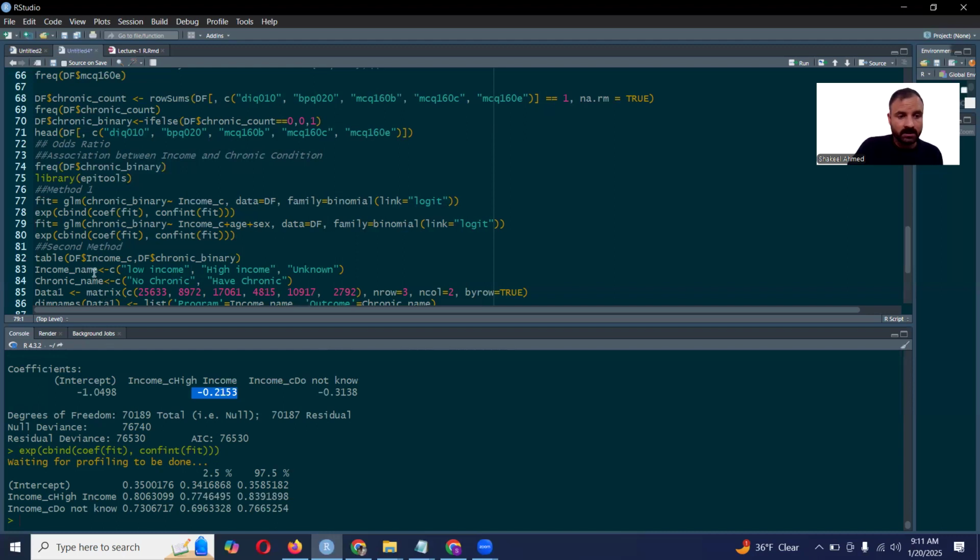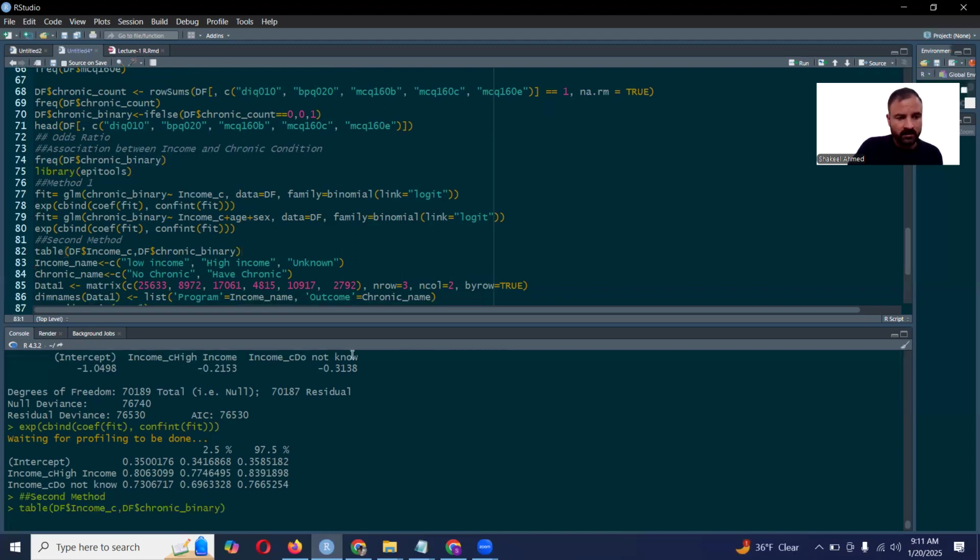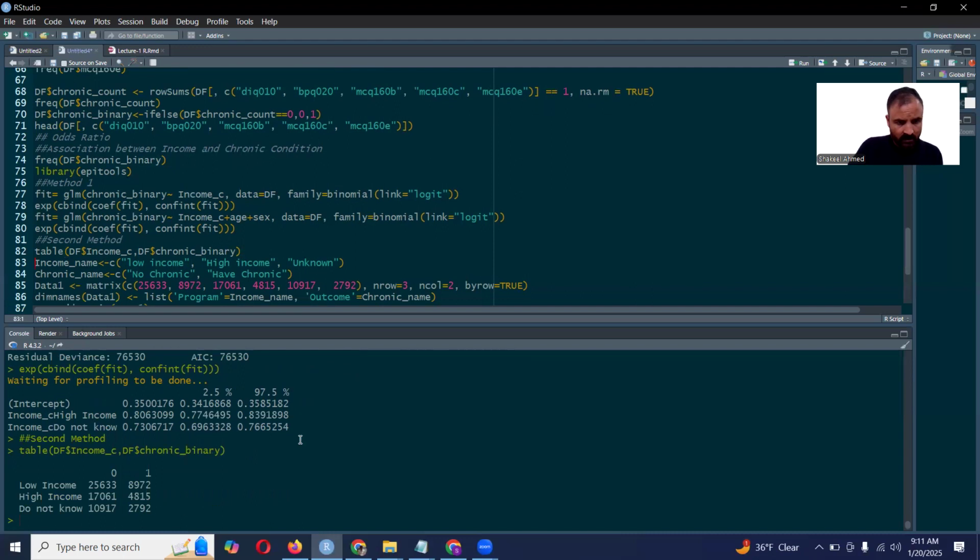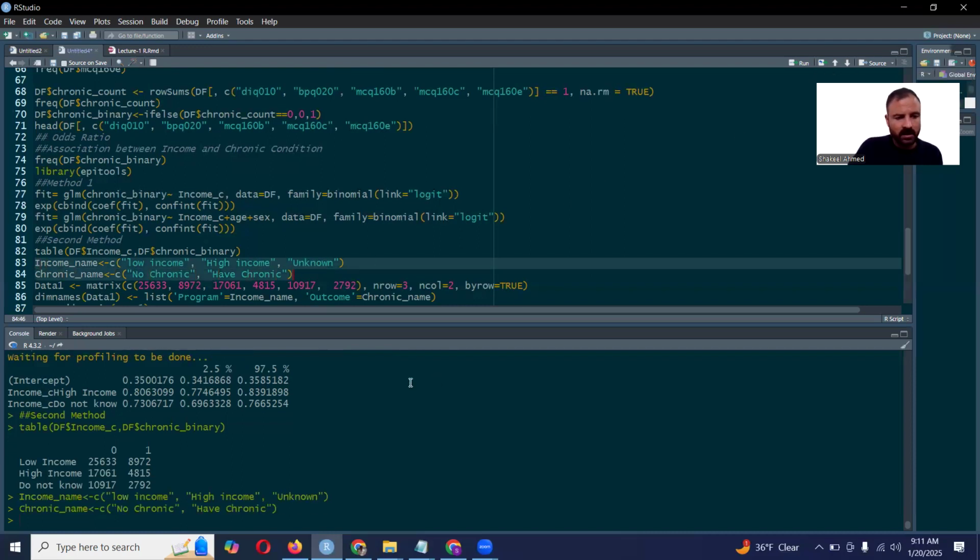We can compute the odds ratio using the table command. It will provide a 2 cross 3 table of income and outcome. Basically, outcomes are 0 and 1, and these are three categories of income. So we can just name the three categories of income and the two categories of the outcome, that is basically our response variable.